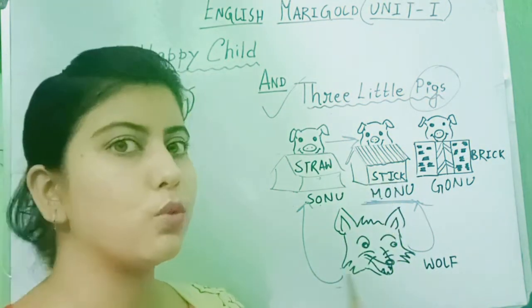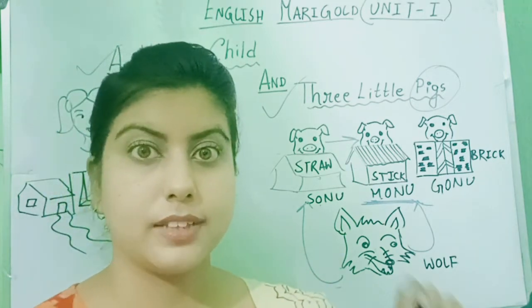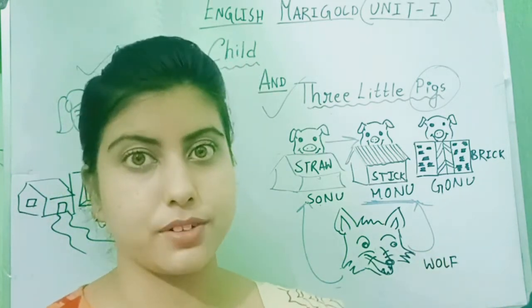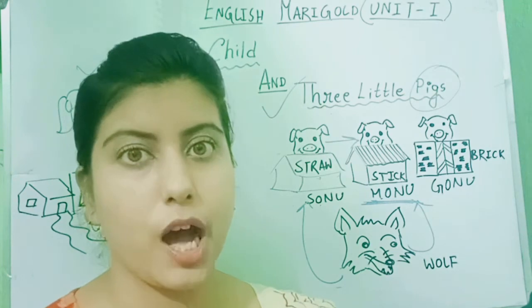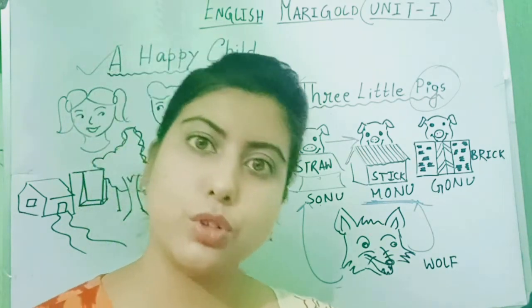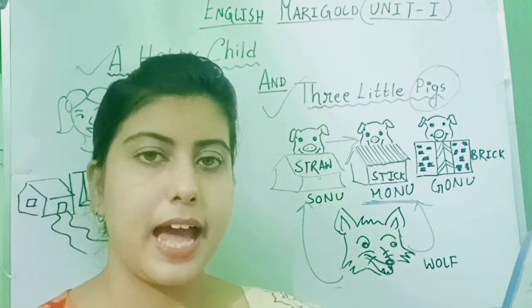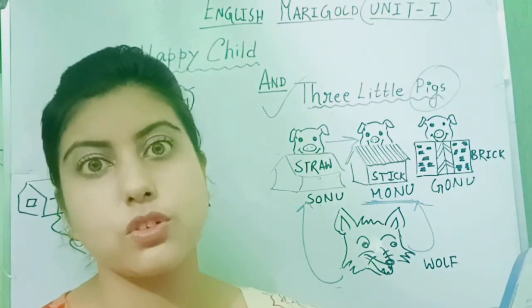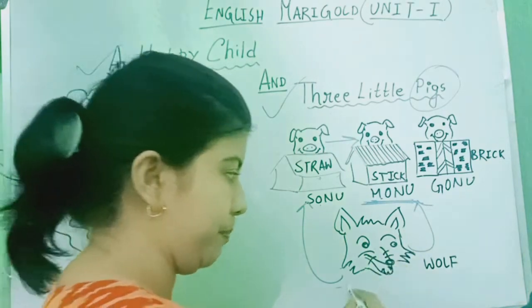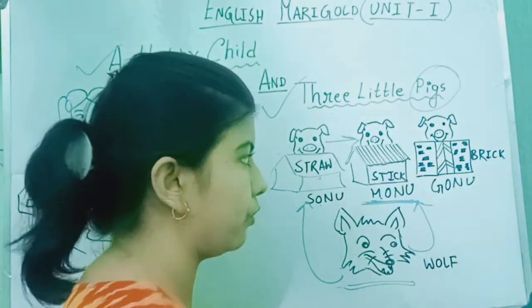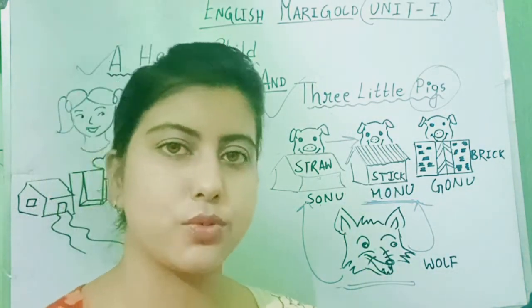Here also the wolf said the same thing, that I will huff and puff and I will blow your house down. So the wolf did so. He huffed and puffed and blew Monu's house down. The bad wolf blew down Monu's house as well.